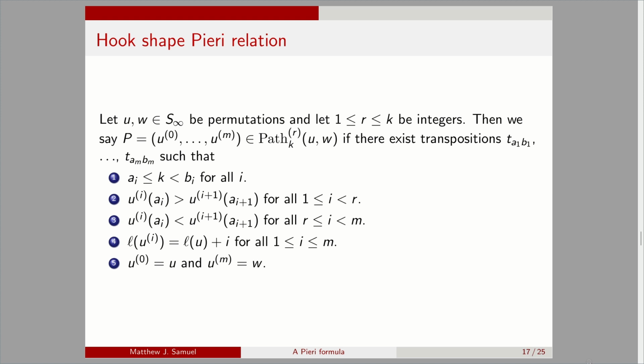So a_i is less than or equal to k is less than b_i for all i. Then we have the elementary symmetric polynomial Pieri relation up to index r, not including, and then the factorial complete symmetric polynomial Pieri relation from r to m. Also the length of u_i is the length of u plus i for all i between 1 and m, u_0 equals u and u_m equals w.